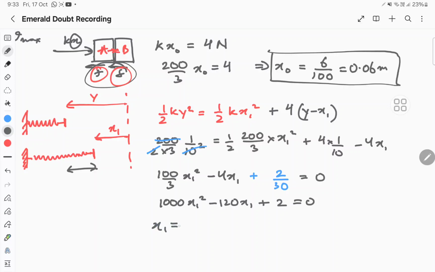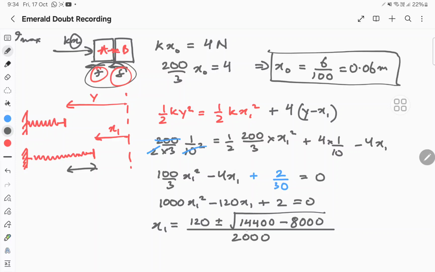So x1 will be equal to minus b, which is 120, plus or minus under root of b square, which is 14400, minus 4ac, so it is 8000, divided by 2000.